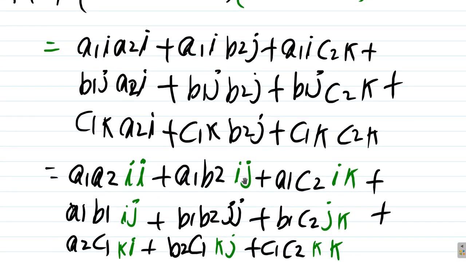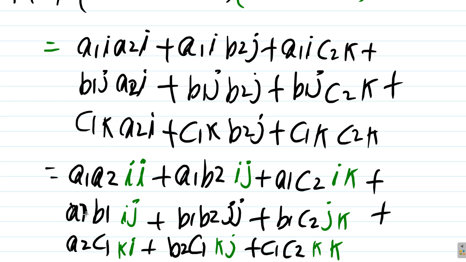Alright, so we continue. So you see A1, A2, II, A1, B2, IJ, A1, C2, IK. Good. Then B1, well, A2, this should be A2, as I corrected earlier.